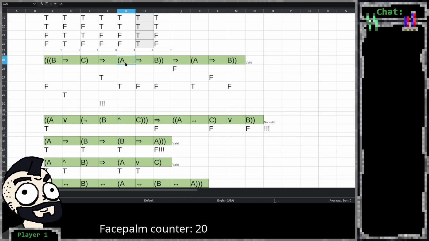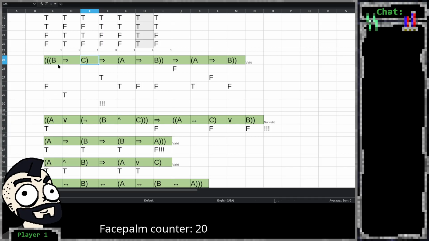If I have A true and B false, then this is also false, because it's the same formula, A implies B. Because I want to make this true, I need to make this false. But I have also assigned B, because B has to be false from this reasoning. Then false implies whatever, I don't care. The only case in which a conditional can be false is when B is true and C is false.